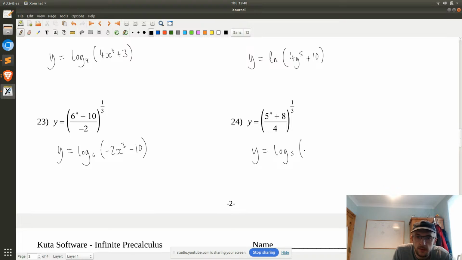Log base 5, 4. There. And that's all correct, and that's good.